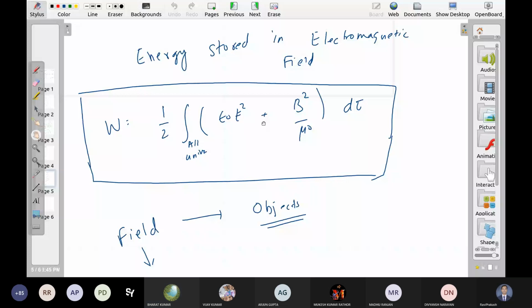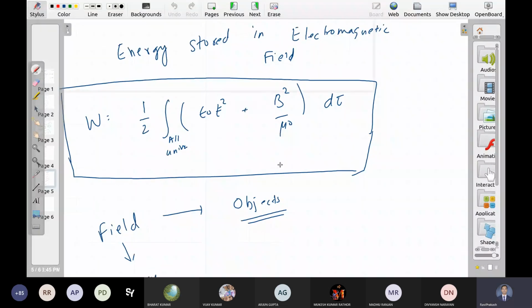Okay, sir. So one good application of this concept is this. This is the sun, and this sun is emitting electromagnetic waves, right? So the energy that is coming out from this sun is actually transported by these electromagnetic waves. जो energy sun से आ रही है वो इन waves के form में ही आ रही है.